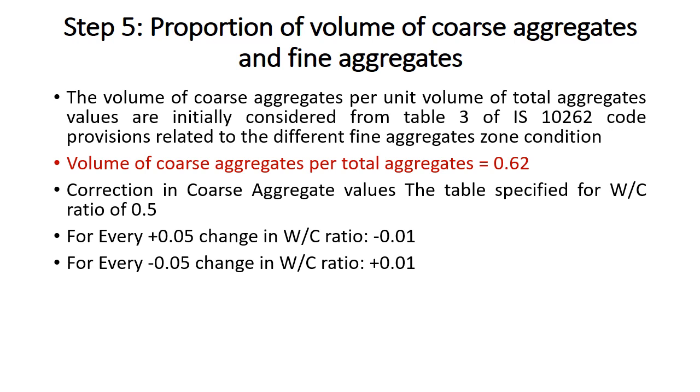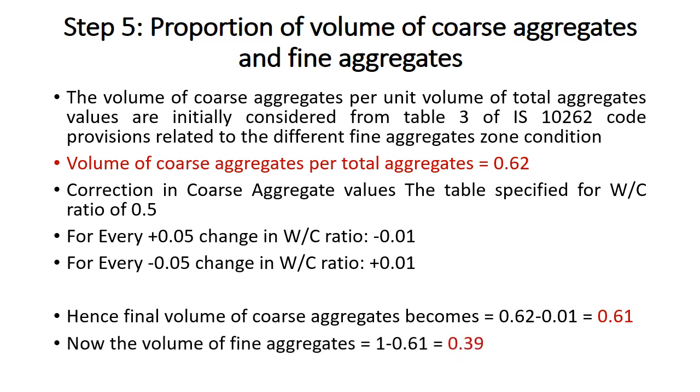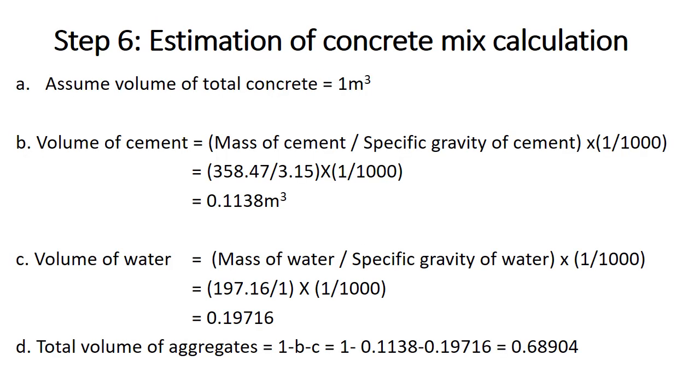For every minus 0.05, the change is plus 0.01. So the final volume of the coarse aggregate becomes 0.62 minus 0.01, which is equal to 0.61. Now the volume of fine aggregate is 1, the total volume, minus 0.61, which equals 0.39. That is the fine aggregate volume.